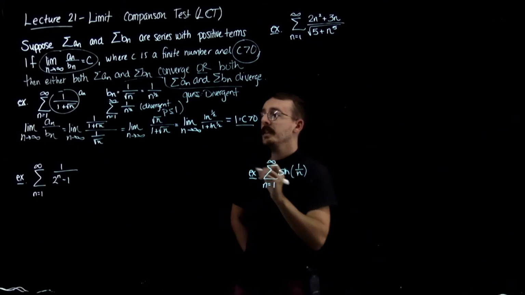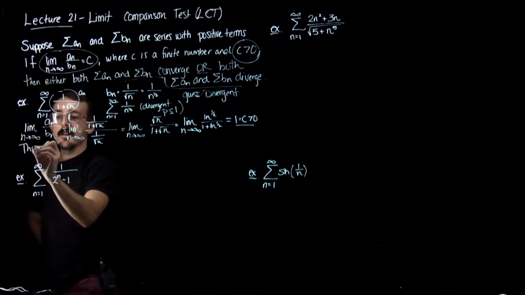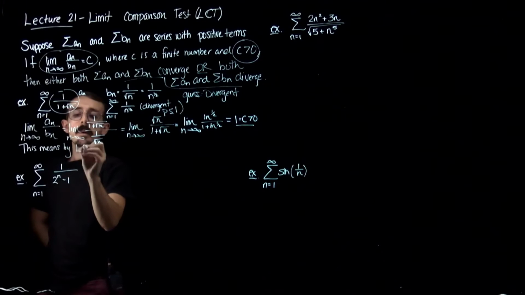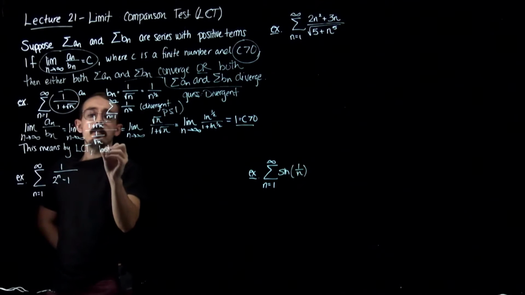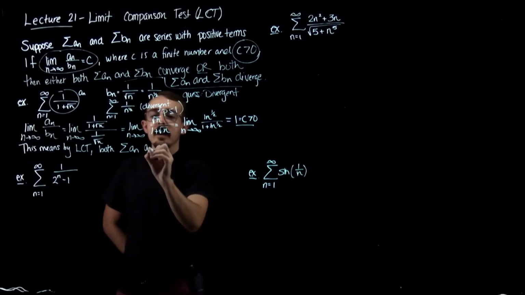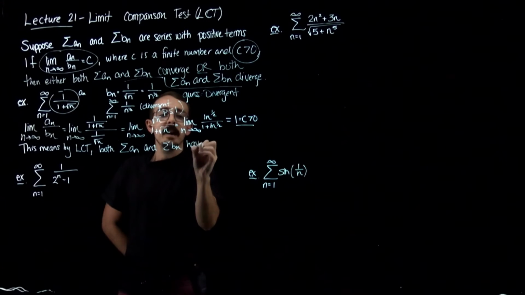So what this means is, as soon as you get this, you say, by the limit comparison test, both summation a of n and summation b of n have the same behavior.